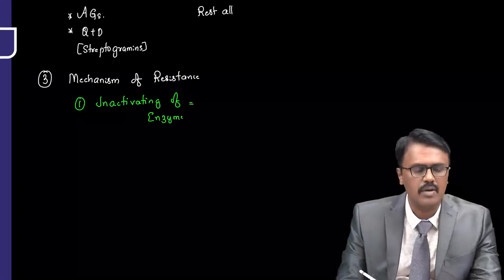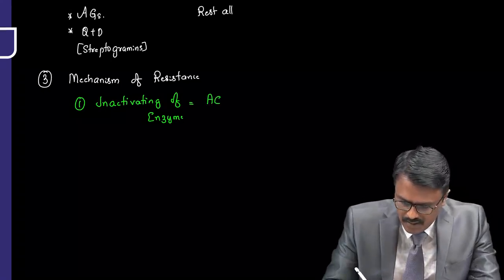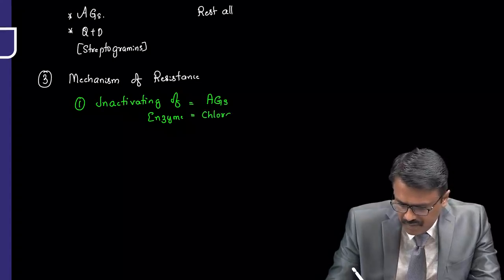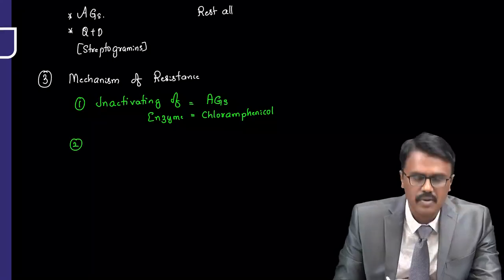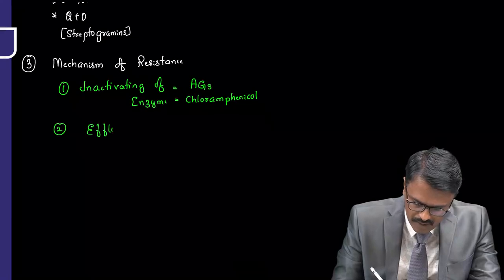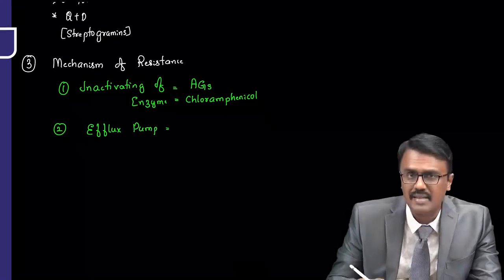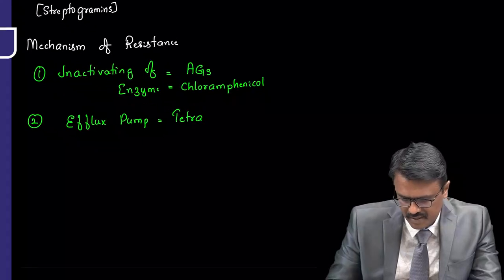And the drugs which are going to have this type of resistance are the aminoglycosides AGs and chloramphenicol. Chloramphenicol will have this problem. Second important thing is, what drugs are thrown out by efflux pump mainly? The drugs thrown out by efflux pump are mainly the tetracyclines.